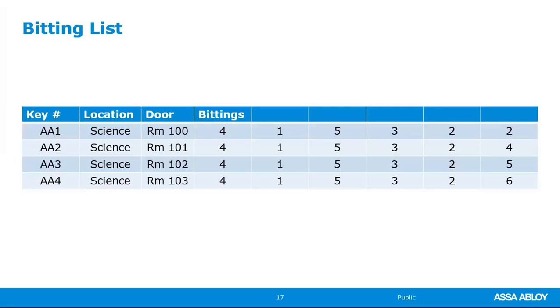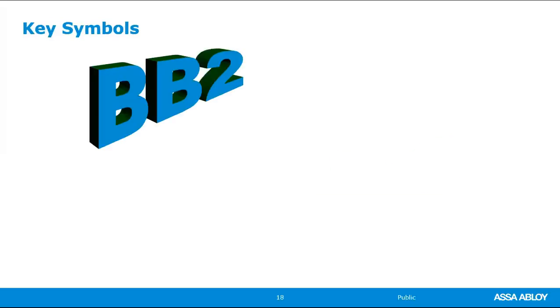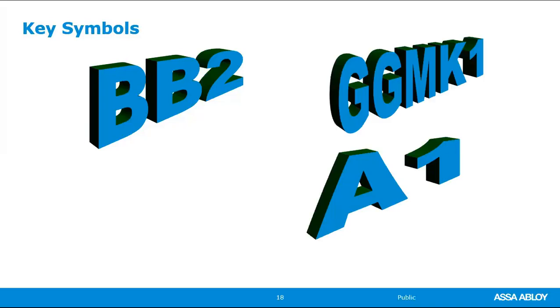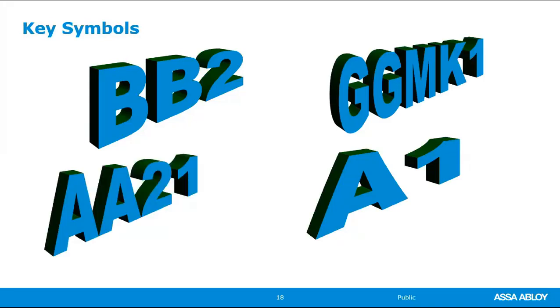Now, here we're going to get to those numbers and letters that we've been talking about. Key symbols: BB2, A1, GGMK1, AA21. Every one of us has seen these key symbols on keys and sometimes on cylinders.